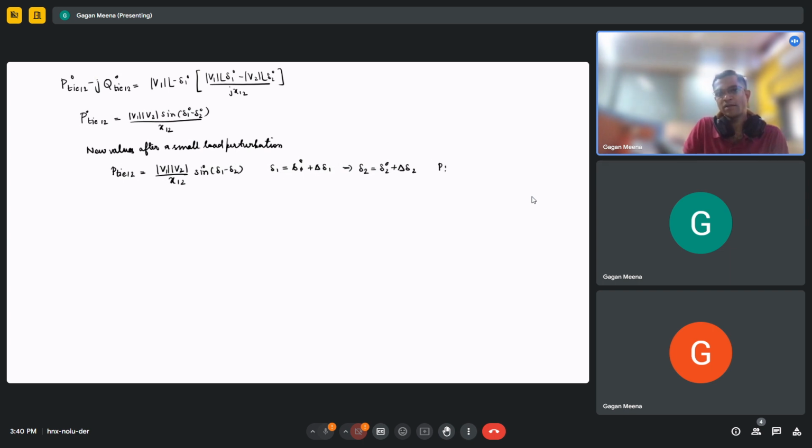and P tie 12 is equal to P tie 12 initial plus delta P tie 12. So we can substitute all these values here.